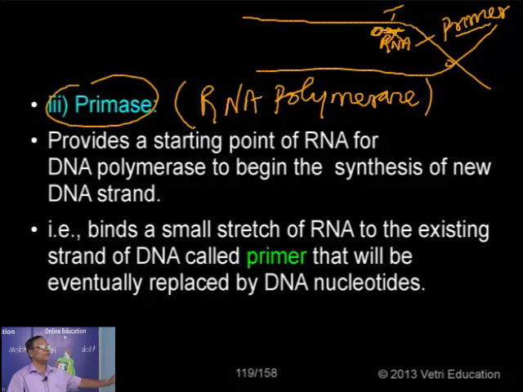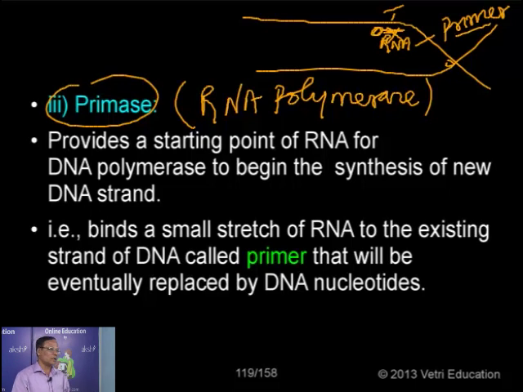So this primase enzyme normally binds a small stretch of RNA. Now a small stretch of RNA is bound to the DNA template, to the existing strand of DNA. And this small segment which is bound to the existing DNA by the primase is called a primer.